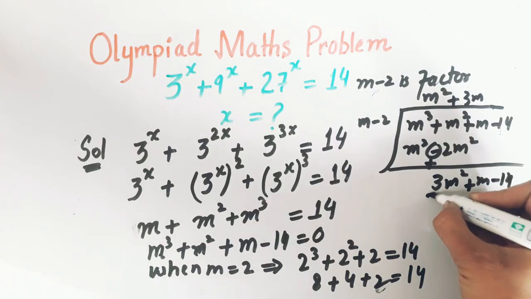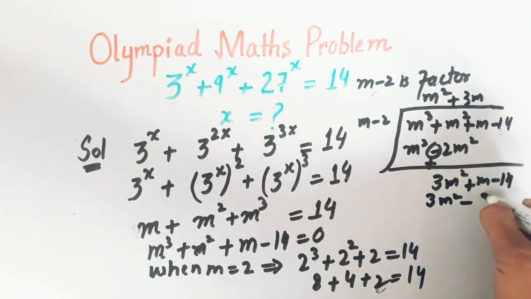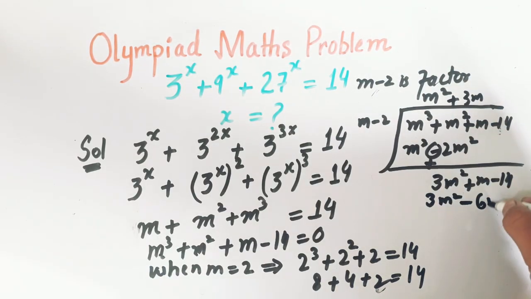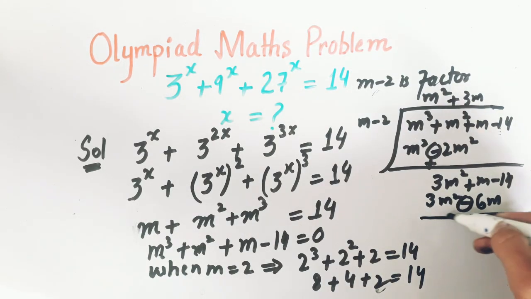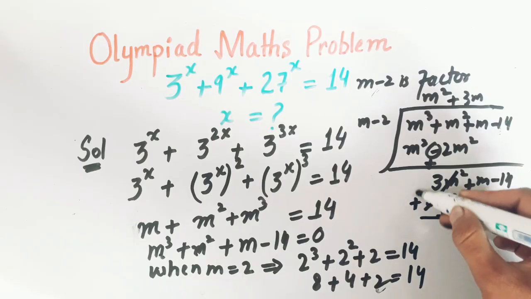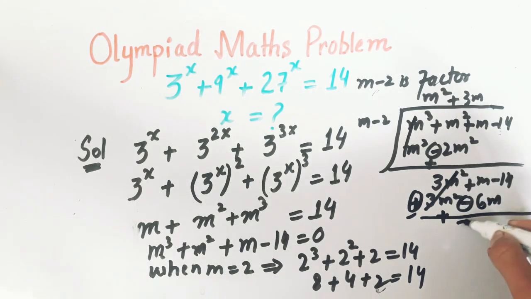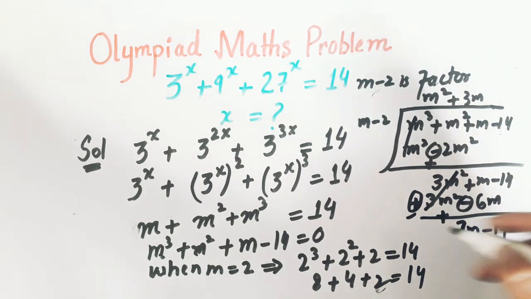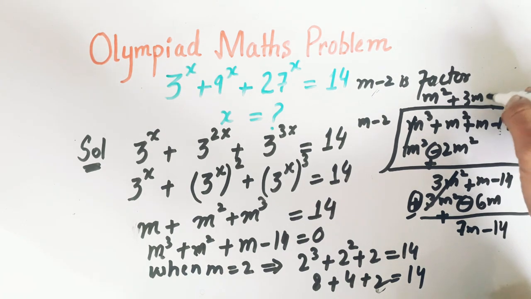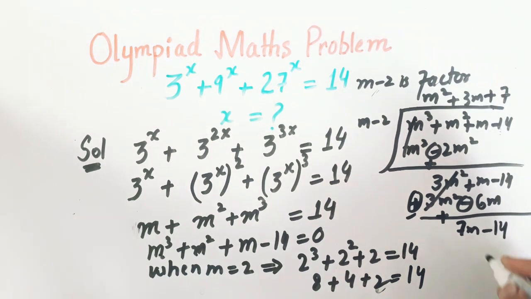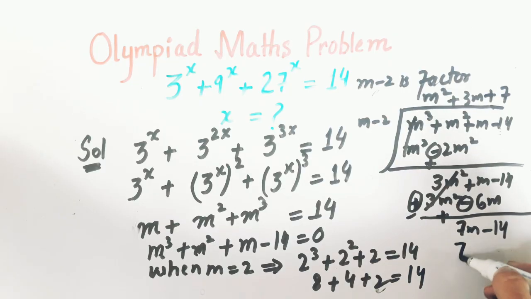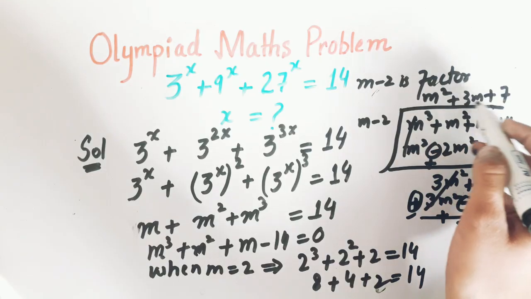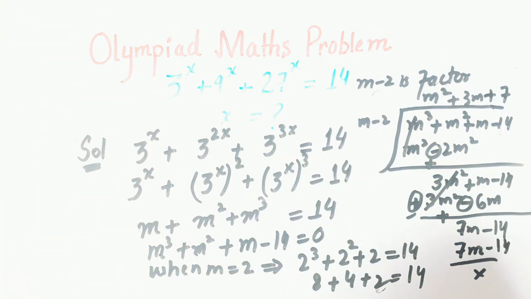So this will become 3m square minus 6m. Then it will be added. This is cancelled out. So 7m minus 14. Now we will multiply this by plus 7. So we get 7m minus 14. It means that m square plus 3m plus 7 is also a factor.